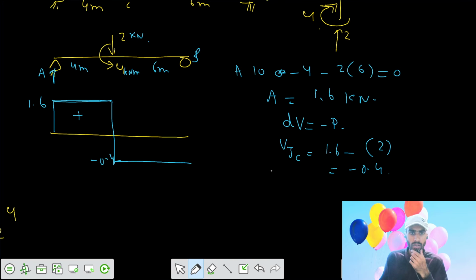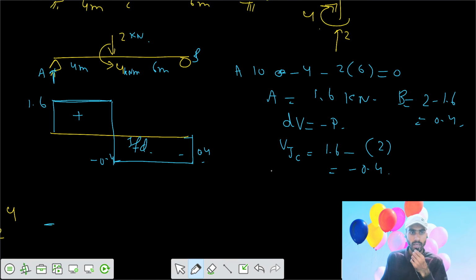So it remains constant. Then finally it would be 0.4 here. The value of P can be calculated as 2 minus 1.6, that's 0.4. So it is your SFD.